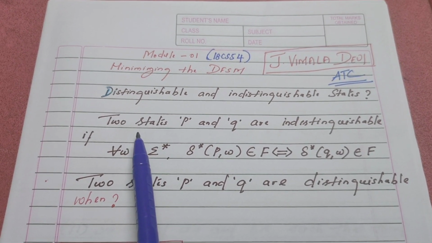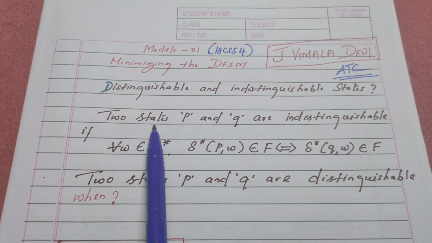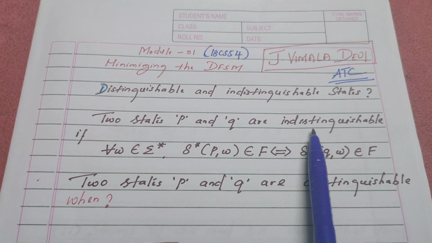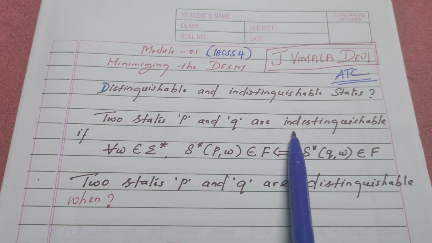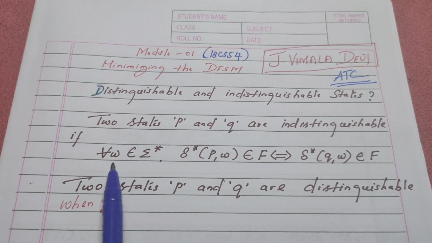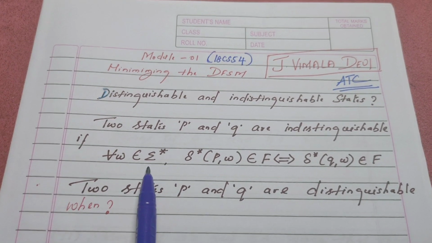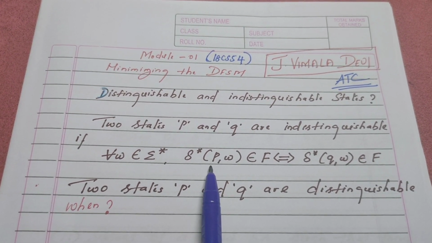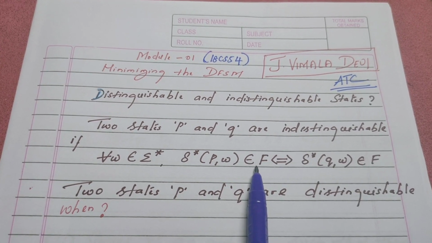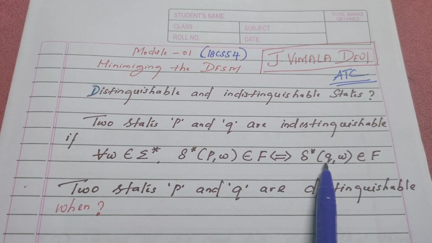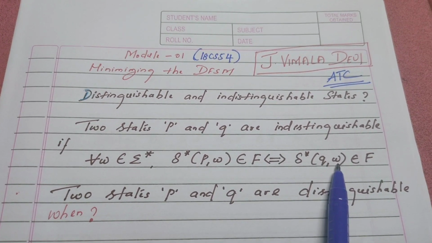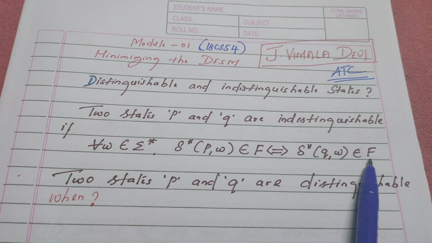For example, let us consider two states, P and Q. These two states are not distinguishable, or I can say indistinguishable, when for all the strings W which belong to the given alphabet, from the state P the machine reads the string W and reaches the final state, and from the state Q the same string is read and it also enters into the final state.